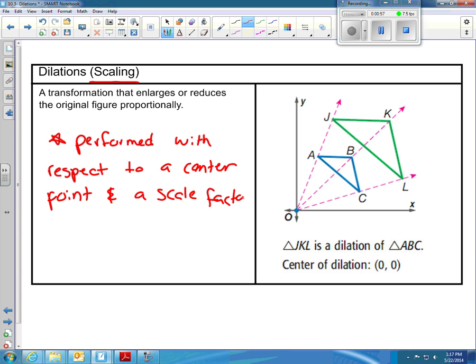Just like with our other ones, our center of dilation, our center point, is always going to be our origin in these problems. So we're either enlarging or we're shrinking our picture.